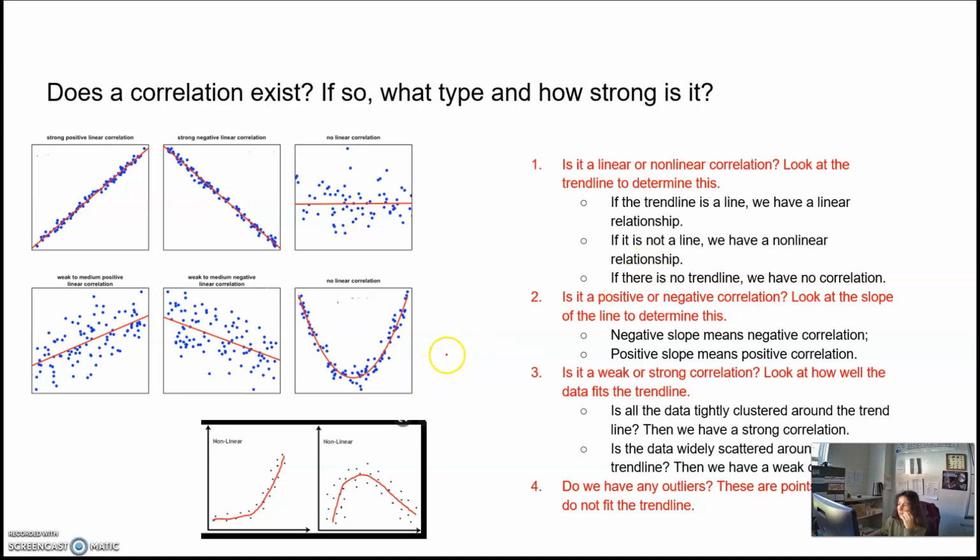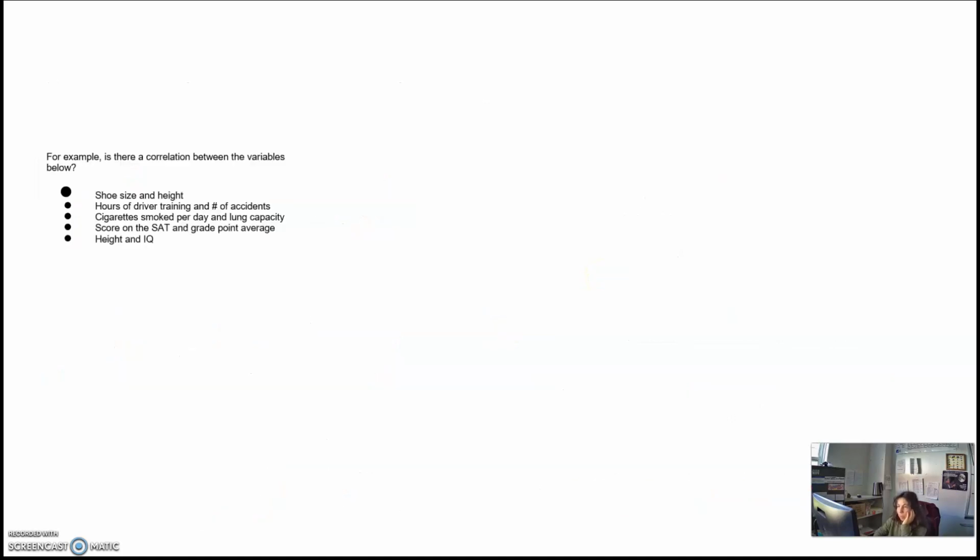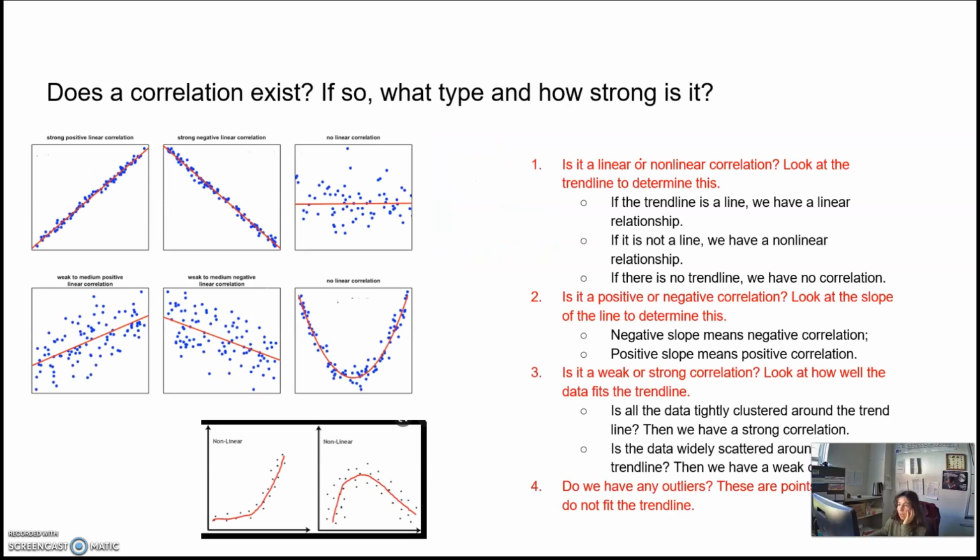So we call these non-linear relationships. And if there is no trend line, we have no correlation. Like in the example that I showed before, over here, there is no trend, okay? That would be no correlation. Also, in this example right here, I'm not seeing a line going up or going down, so there's no correlation.